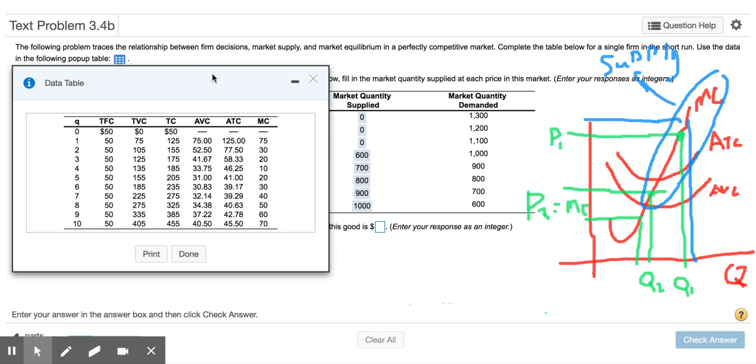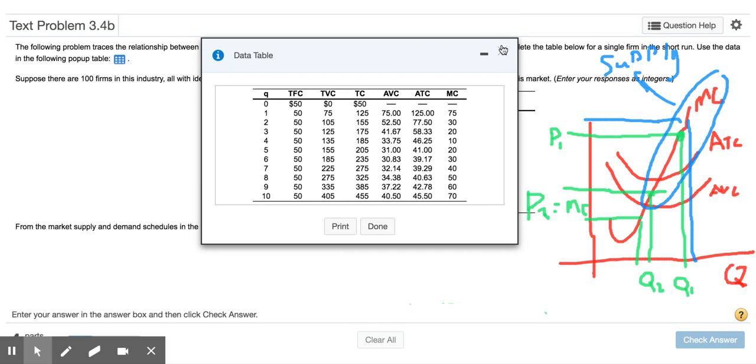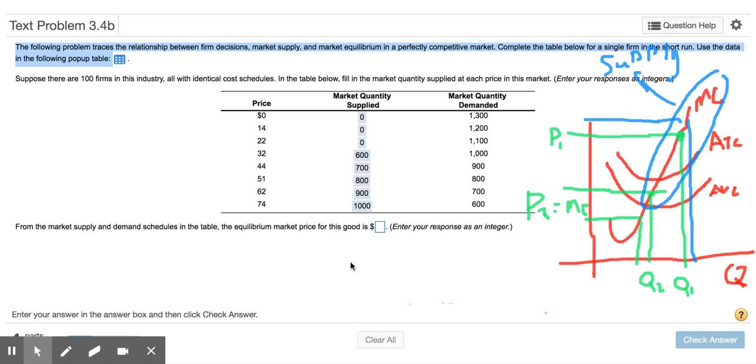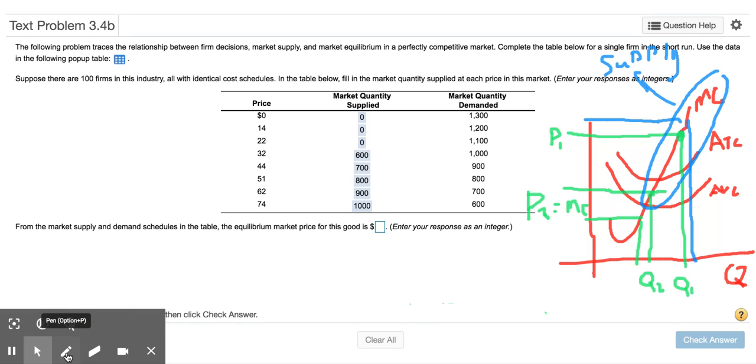Okay, so the second section asks us to calculate the equilibrium price in this market. So the equilibrium price is the price where market supply is equal to market demand.